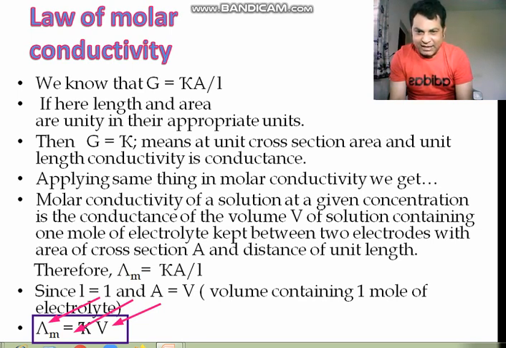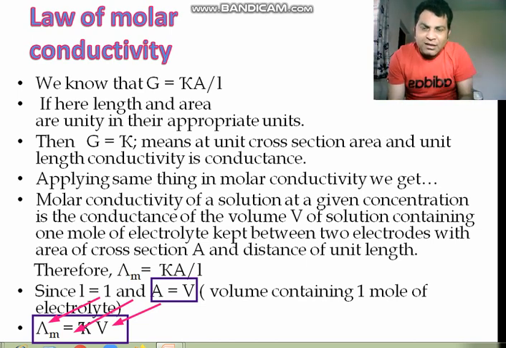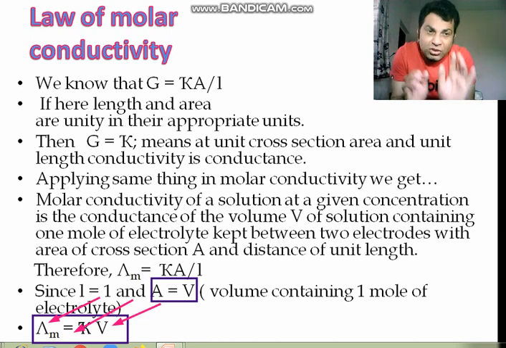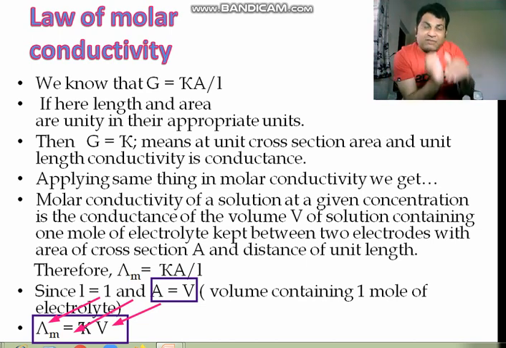We have taken area and volume the same. So when area and volume are the same, the answer is 1, and lambda m is equal to kappa. When area and volume are equivalent, they cancel out and the volume becomes 1, and that's why this point is written there.